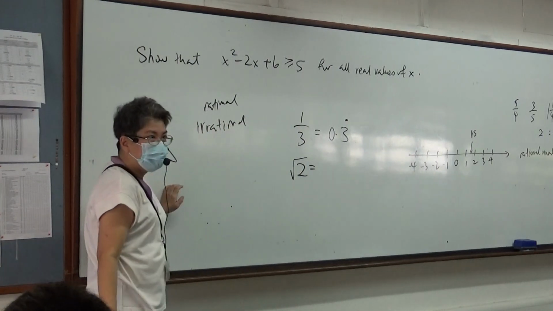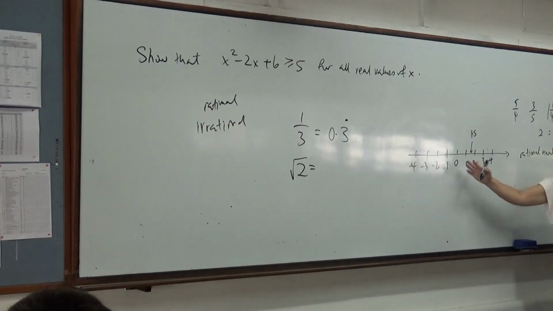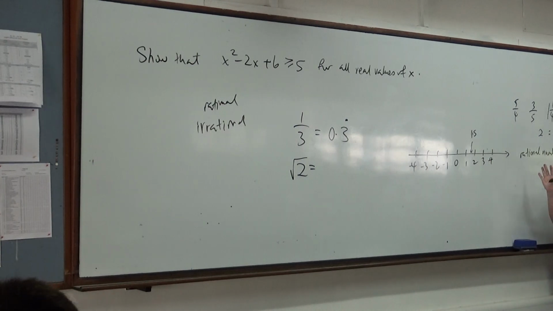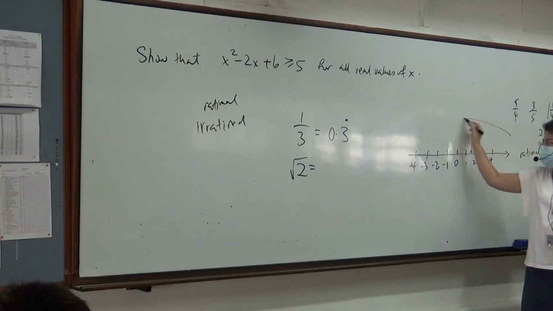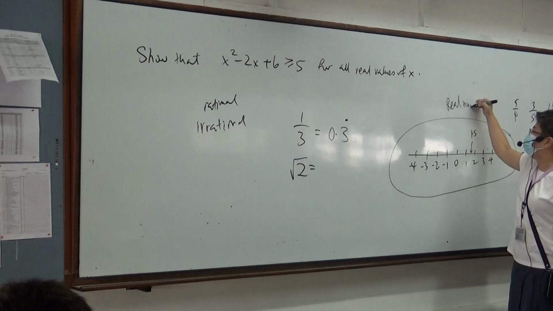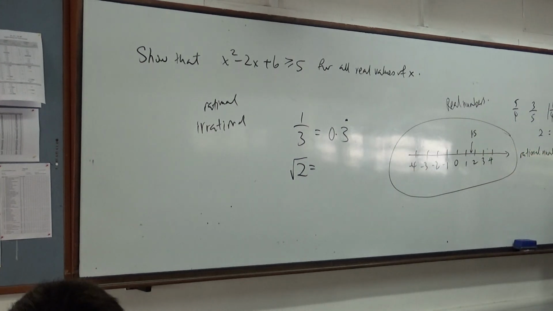Irrational numbers. Do you agree that whether it is rational or irrational, I can represent it on the number line? Yes or no? Now, for your level, anything that is on the number line is called a real number. Understand?